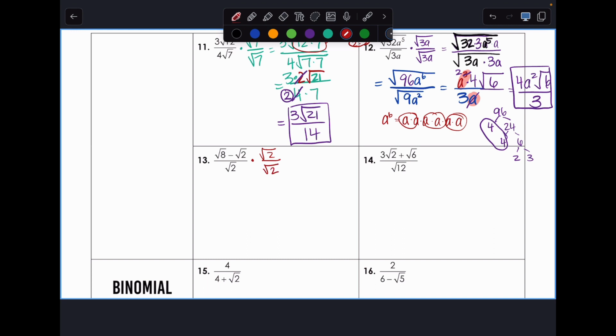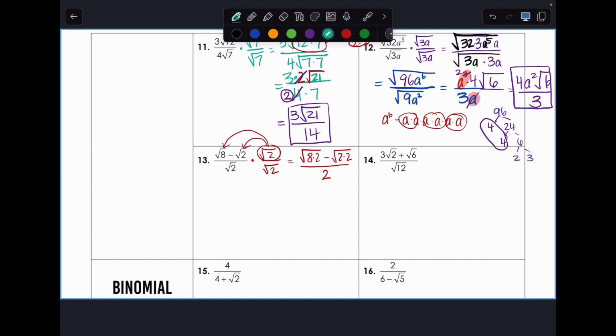All right, so square root of 2 over square root of 2 is how we rationalize number 13. But when we do that, we need to take this value and multiply by using distributive property. Okay, so when we have that, I get rad 8 times 2 minus rad 2 times 2 over square root of 2 times square root of 2 is 2, right?